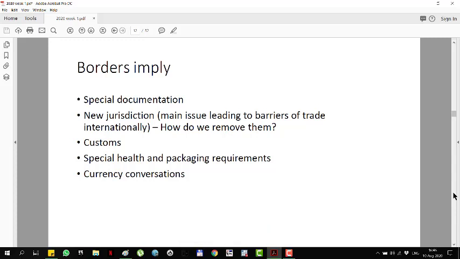Here are some other things that constitute a border, like special health and packaging requirements. One country might allow a bit more sulfur in their products than would occur in South Africa, or the level of toxicity they allow in products and medications might vary.